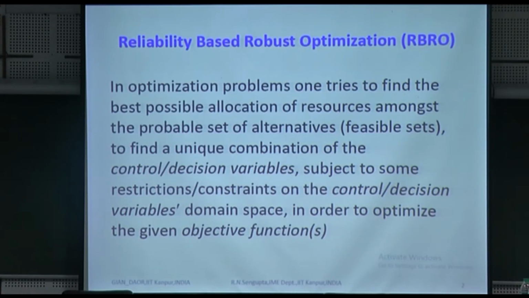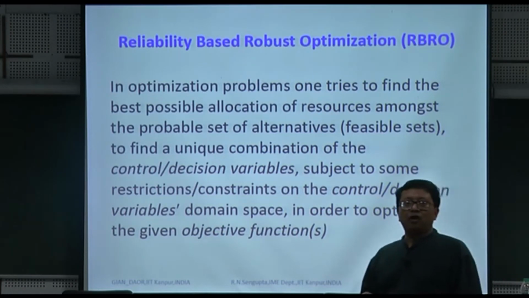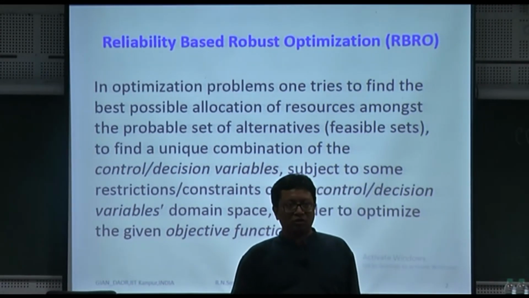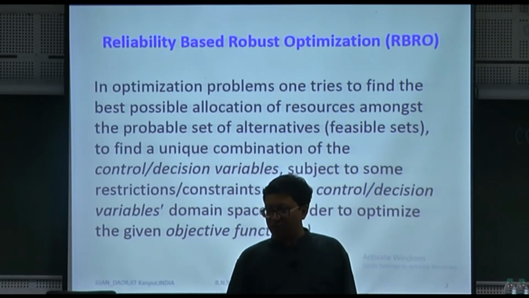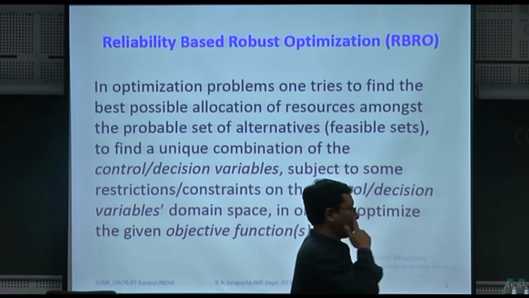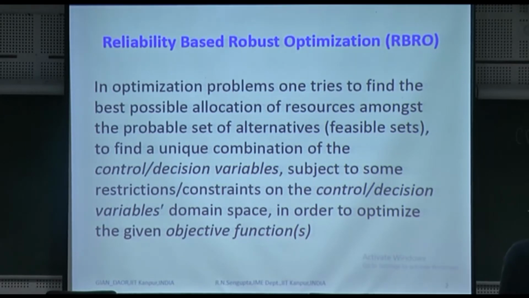Resources can be constraints, and you want to find out the total number of products you will produce, or how you will minimize your cost, or how you will maximize your gain. So you want to find a unique combination of the control and decision variables subject to many constraints. A constraint can be 0, 1, that means you build the factory or don't build the factory. You transport the total number of goods from all the distributors, and you receive all the goods at the retailer's end.